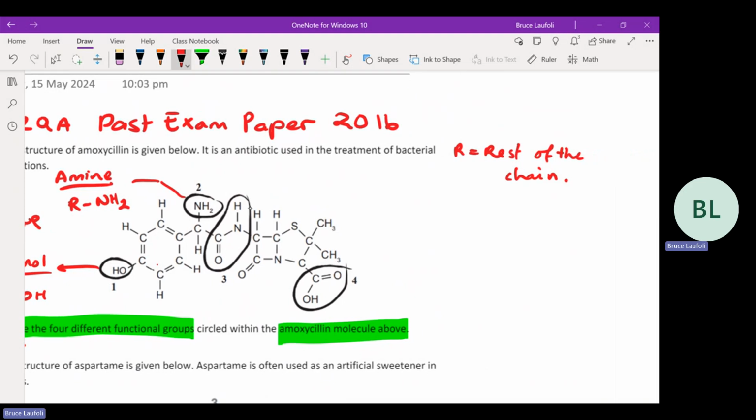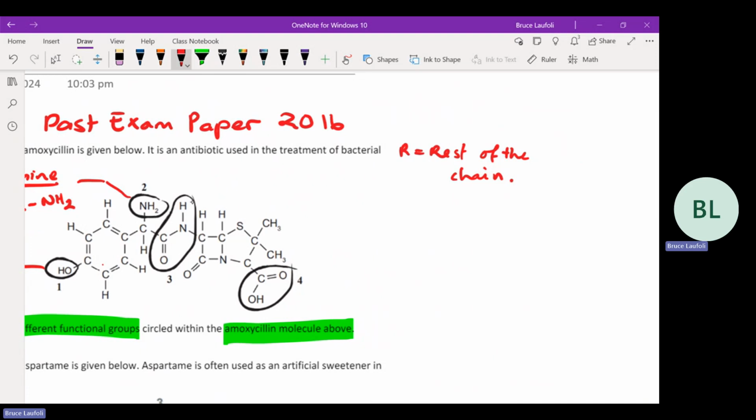Over here, it's easy to mistake this as an amine, but remember, it is actually an amide. This is an amide because what we have is a C double bonded O to an NH2 group.